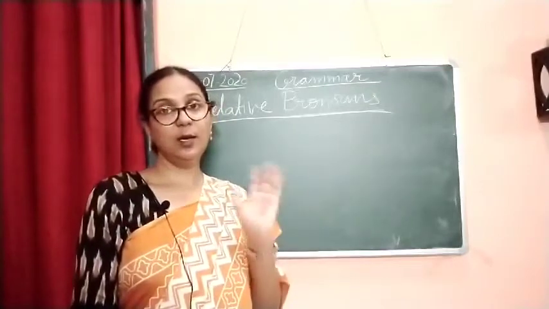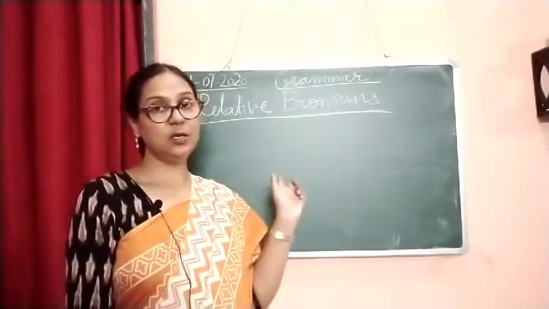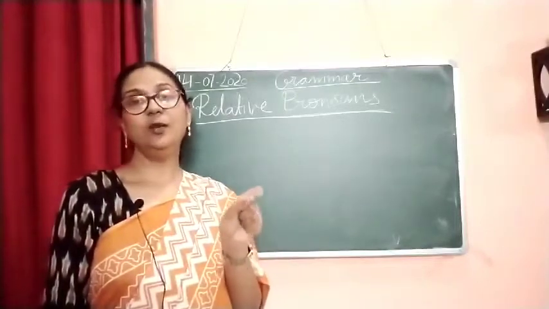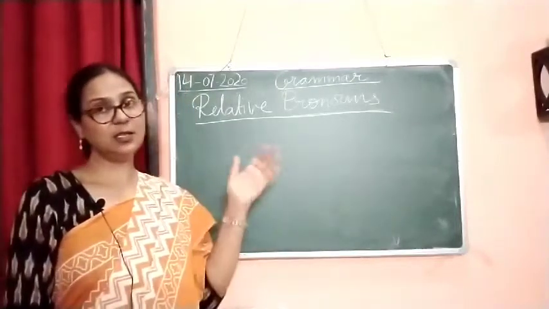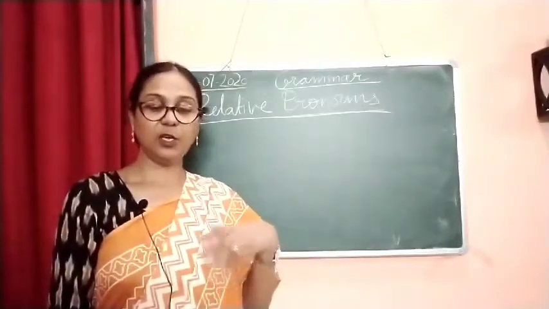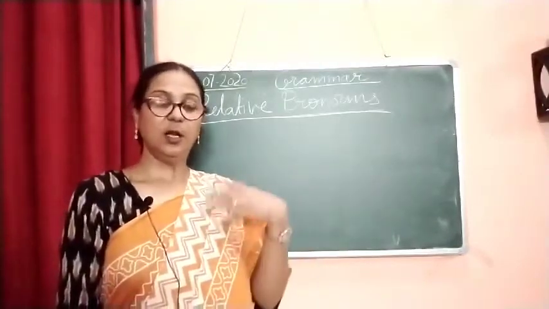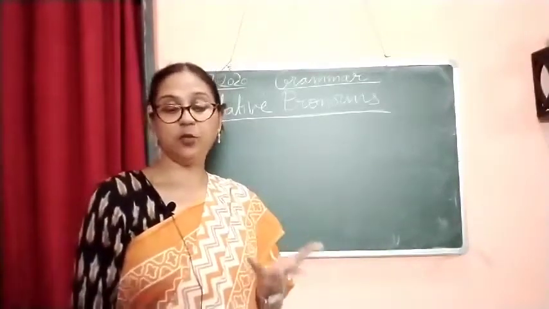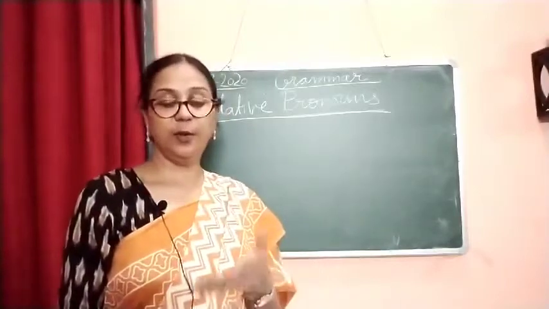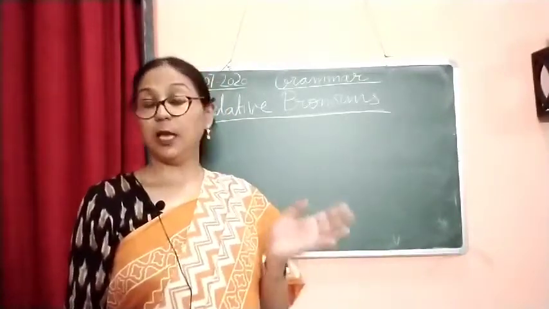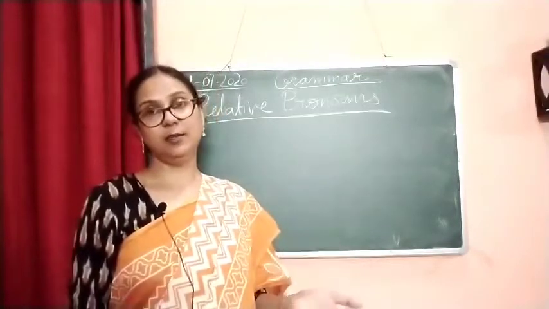So here you can use this relative pronoun as joining words also. Sometimes it becomes joining words, and sometimes it shows the relation, as one which is used to refer to nouns mentioned previously, whether they are people, places, things, animals, or ideas.